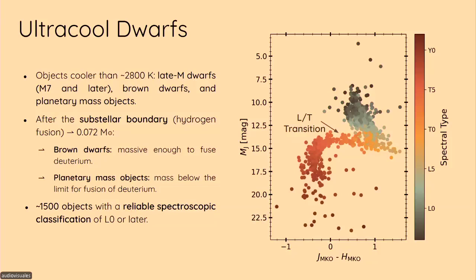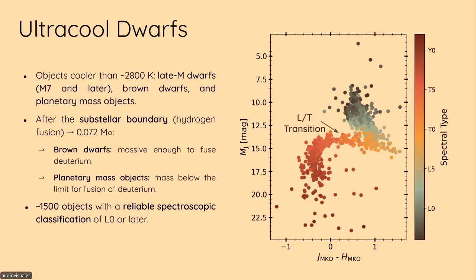And then we can find substellar objects known as brown dwarfs and planetary mass objects. To understand the difference between these two latter ones, we have to go to the substellar boundary, which is the limit at which hydrogen fusion can happen in the interior of a stellar structure. And this substellar boundary is equivalent to a stellar mass of 0.072 solar masses.